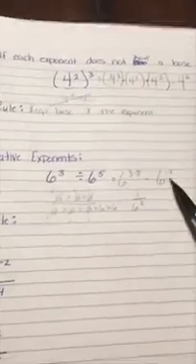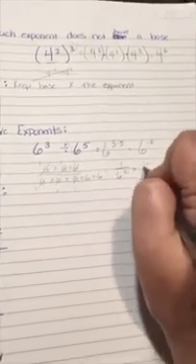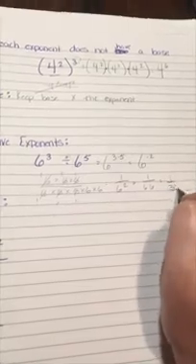Now those look different, but actually a negative exponent means you have a very small number, and fractions make very small numbers. So 1 over 6 to the second power would be 6 times 6, which is 36. So we would have 1/36.